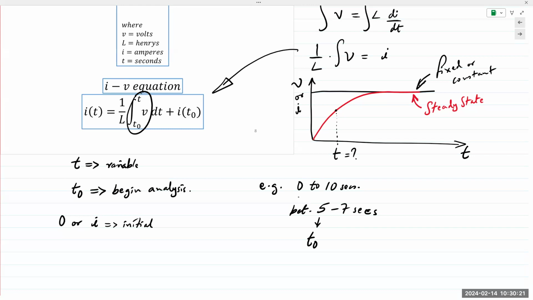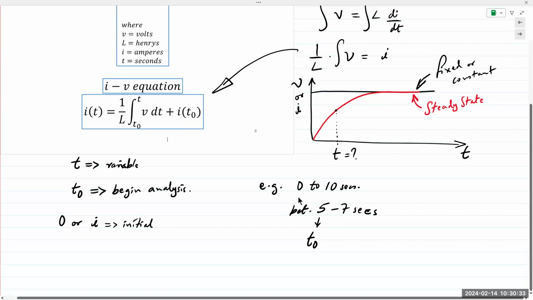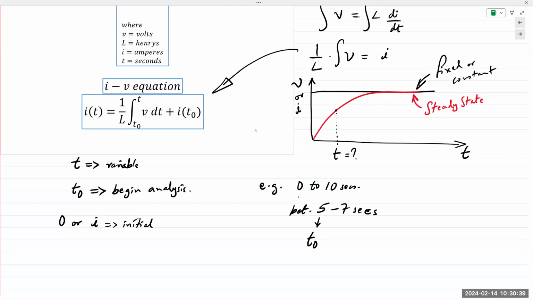Make sense? Right? And then we have the stored energy. Remember, I said t0 is simply the point in time at which we begin our analysis. In this example, it's 5 seconds. So we have to count any stored energy in that inductor from a previous point in time.